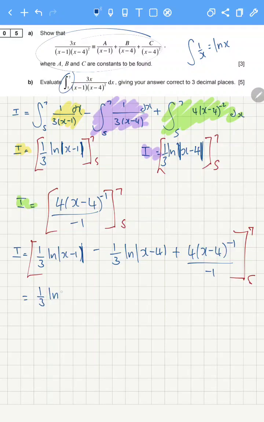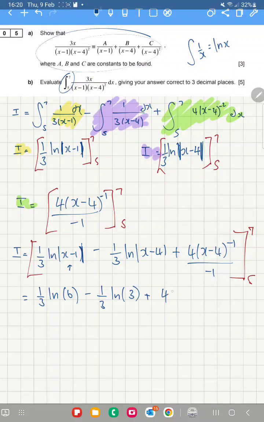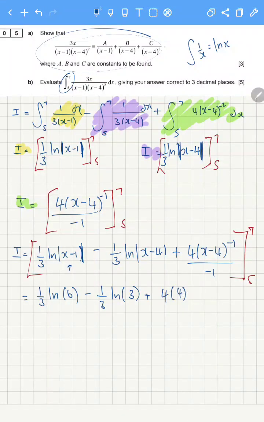So 1/3 log of 7 minus 1, so that's 6, minus 1/3 log of 3 plus 4 times 7 minus 4, which is 3, to the minus 1, over minus 1. That's all my 7s, and I'm going to take away all my 5s. So I'm going to do the same thing again, but substitute all the 5s.